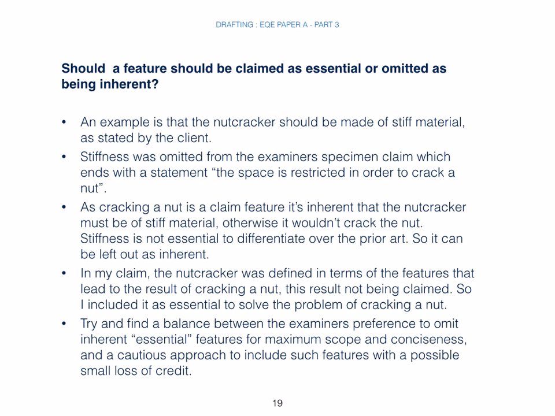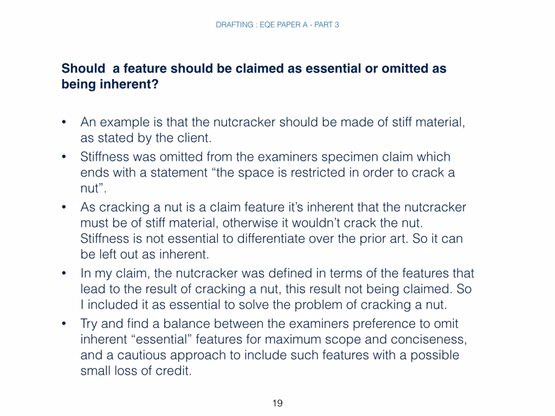Stiffness is not essential to differentiate over the prior art, so it can be left out as inherent, as the examiners left it out in their claim. On the other hand, in my draft claims, the Nutcracker was defined in terms of the features that lead to the result of cracking a nut, and the actual cracking of a nut was not included as a claimed feature.